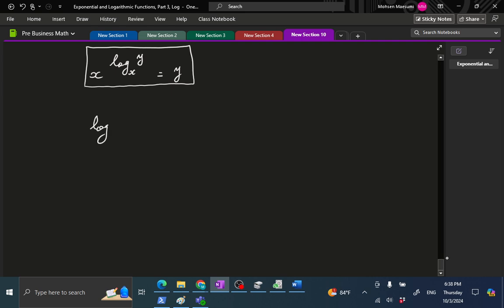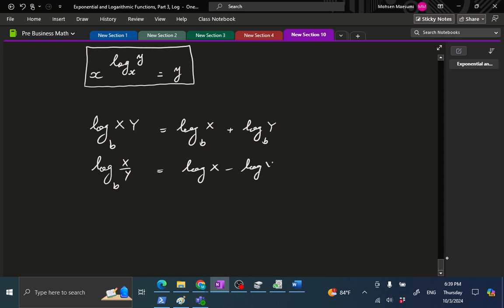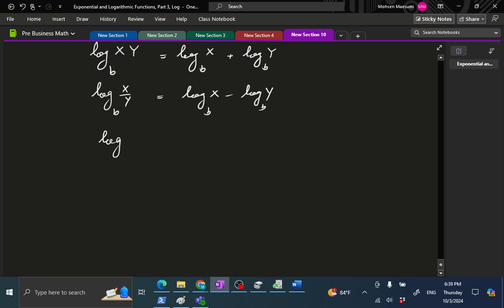The logarithm of, let me use x and y and base b, x, y, in base b, logarithm of x over y in base b, the logarithm of x minus logarithm of y in base b, logarithm of x to the power of n in base b is n logarithm of x in base b.